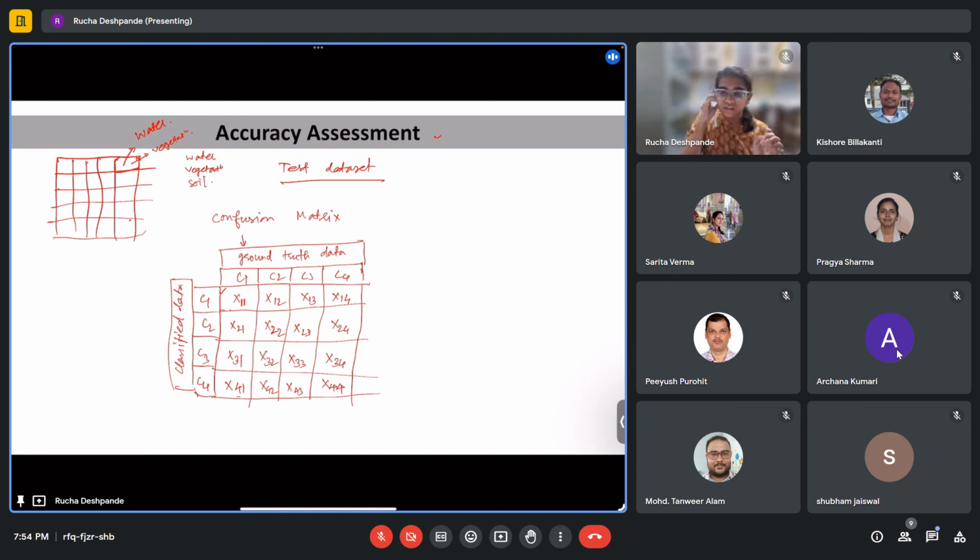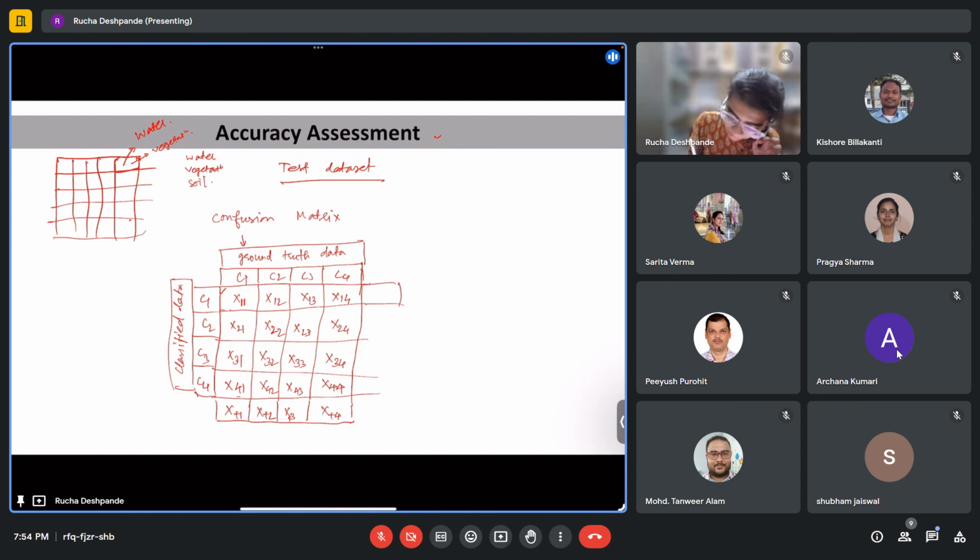So this is the confusion matrix. Here I will have the total number of pixels on the ground which are class 1, the total number of pixels which are class 2, class 3, and class 4.